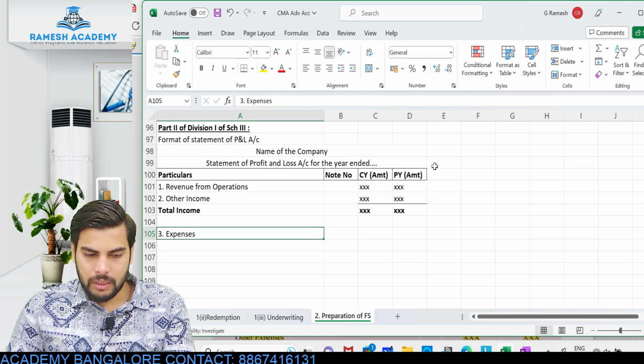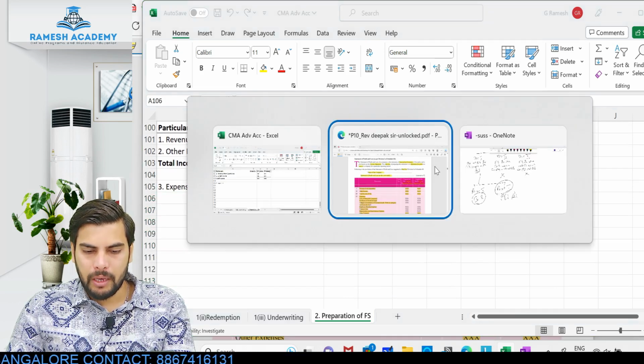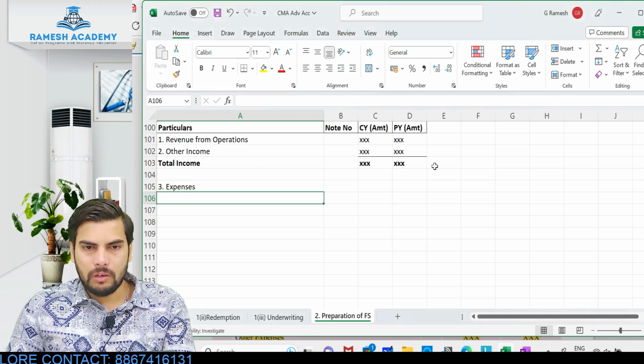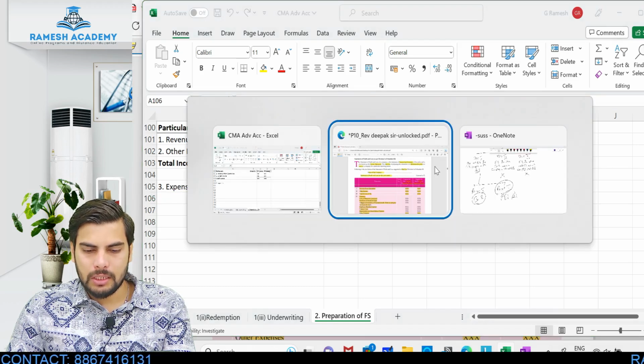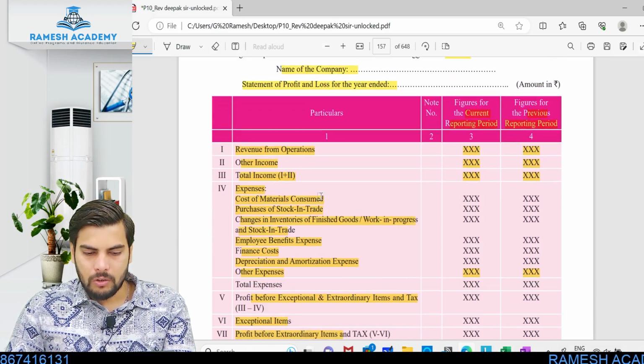When it comes to expenses, we'll have quite a few expenses. Look at the disclosure, how we'll be making it relating to expenses. So cost of raw material consumed, changes in the finished goods stock or work in progress. Look at this: cost of material consumed, purchase of stock in trade, changes in the inventory.